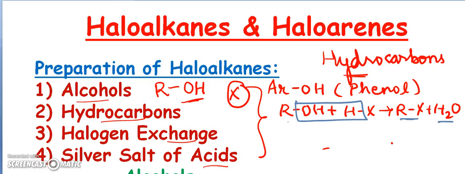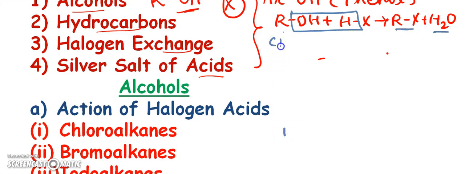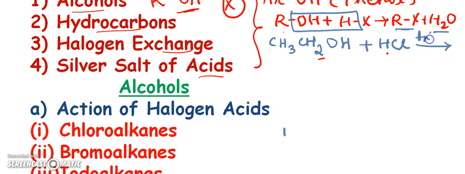So in the alcohols, you have to take an example. For example, if I take ethanol and react with hydrogen chloride mineral acid in the presence of anhydrous ZnCl2, what are you going to get?